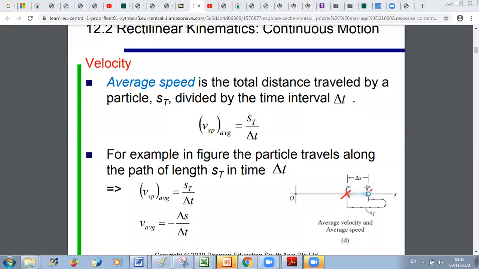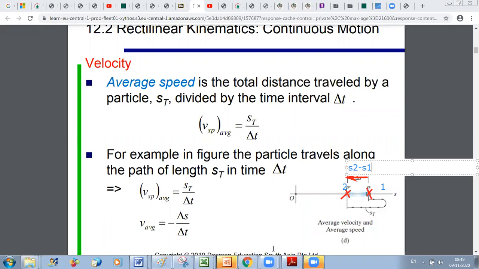If I go from 1 to 2, then V average between 1 and 2 is delta S over delta T. For example here, if my position 1 is here, and I go to 2 in the left direction, then my velocity is negative. To calculate V average, I only consider delta S. Delta S here is negative, equal to S2 minus S1.